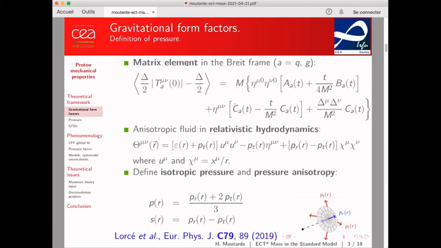Thank you. So yes, I agree with you. For me, I take it more as a formal game to define a notion of pressure in the proton than as a clear physical picture.